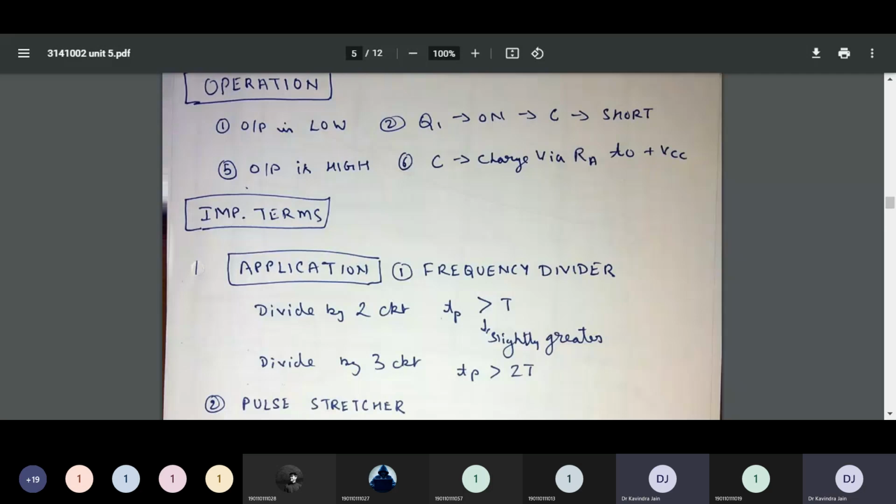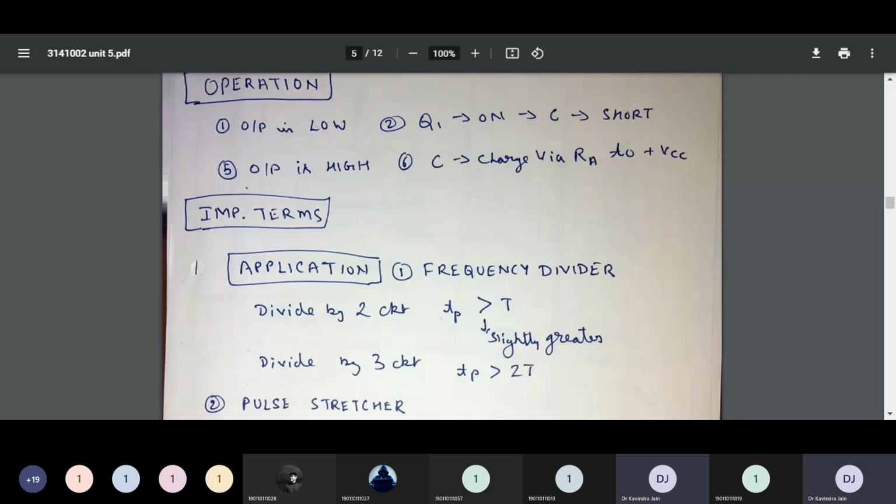The 555 timer as a monostable multivibrator can be used for a frequency divider circuit because it cannot be triggered during the timing cycle.